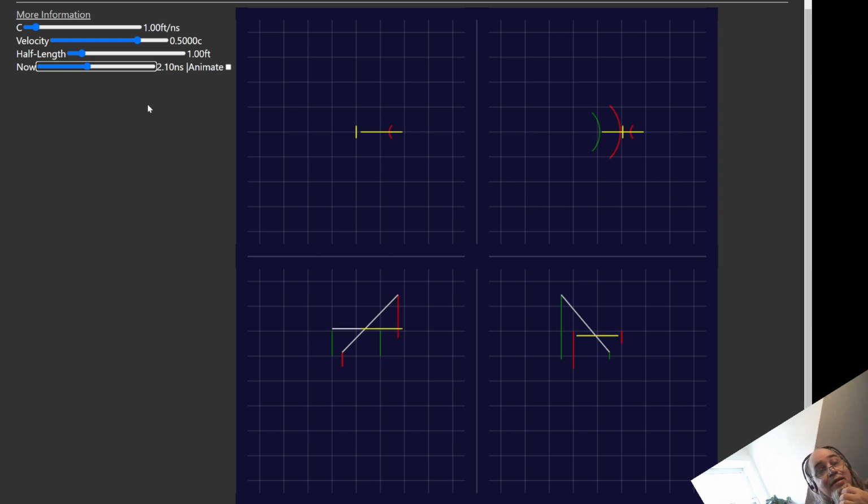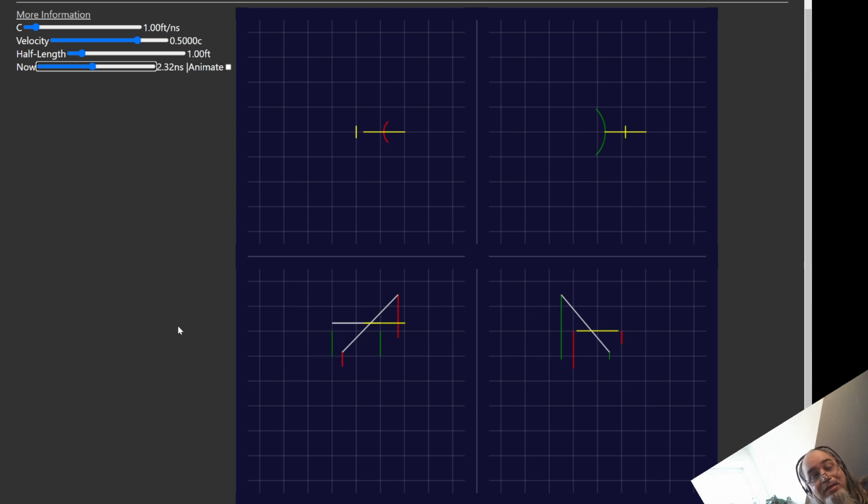And then, well, I guess that's when it sees it. It's not that we saw it. This isn't actually about him seeing anything. This is all this observer's perspective, and this is all this observer's perspective.